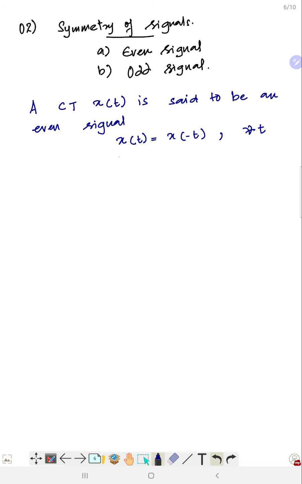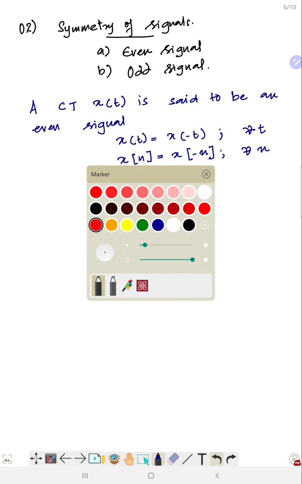But you can use the same definition for the discrete case, you just have to change the notation. x of n is equivalent to x of minus n for all the sample values n. Fine. And this is the definition for even.